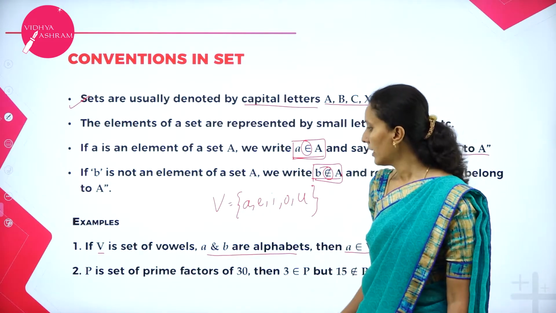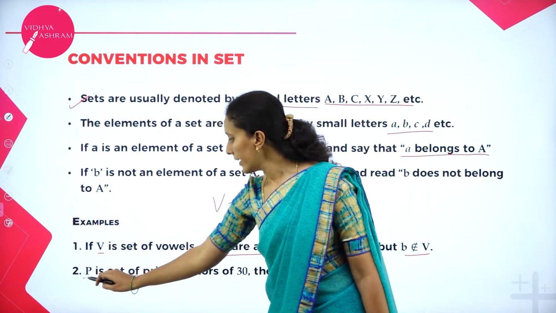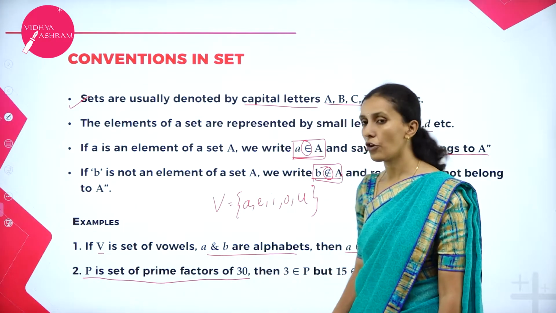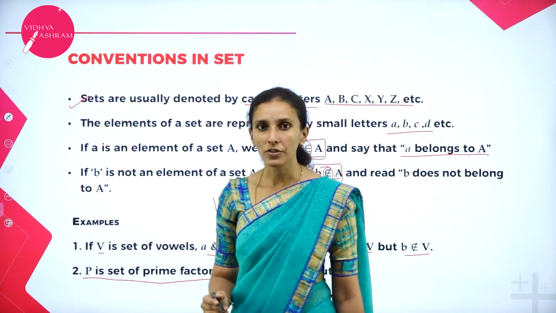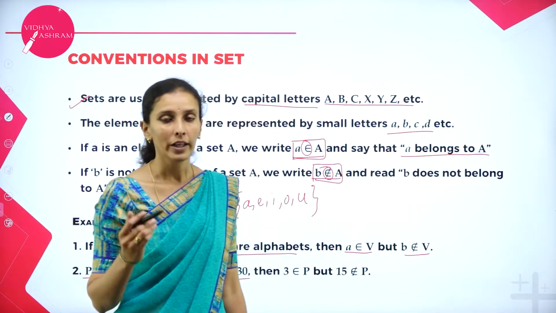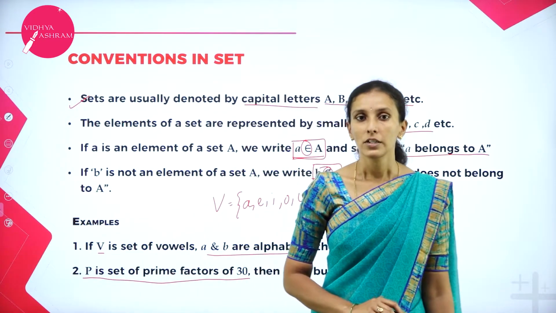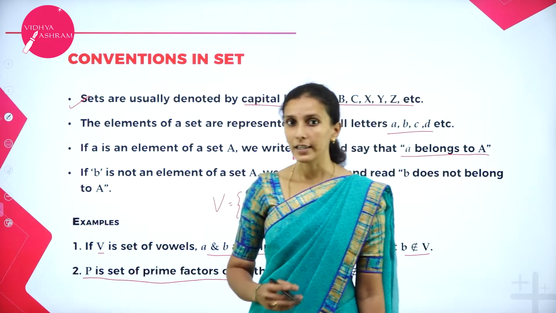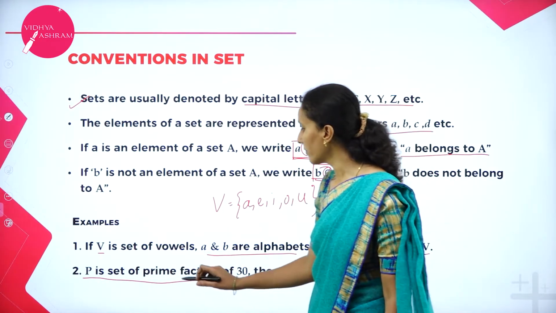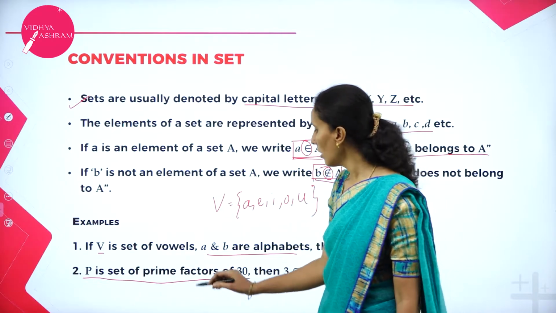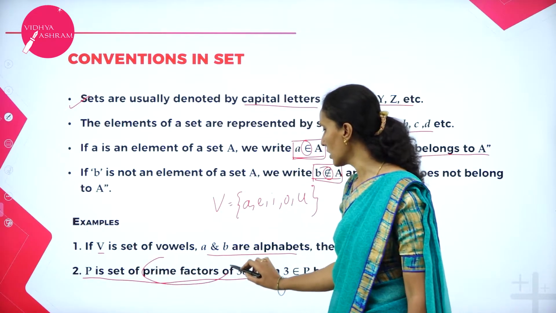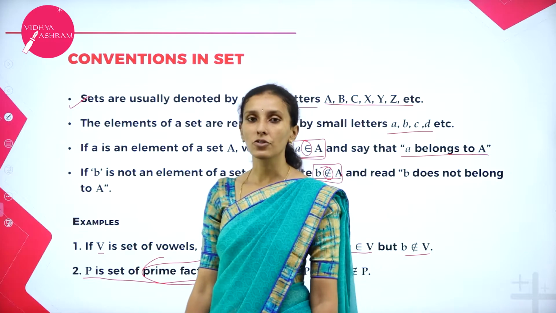Next example, if P is the set of prime factors of 30. So what are the factors of 30? That is 2, 3, 5, 10, 15, 30. So these are the factors of 30. But what is the condition given here? They must be prime factors. So what are the prime factors of 30?